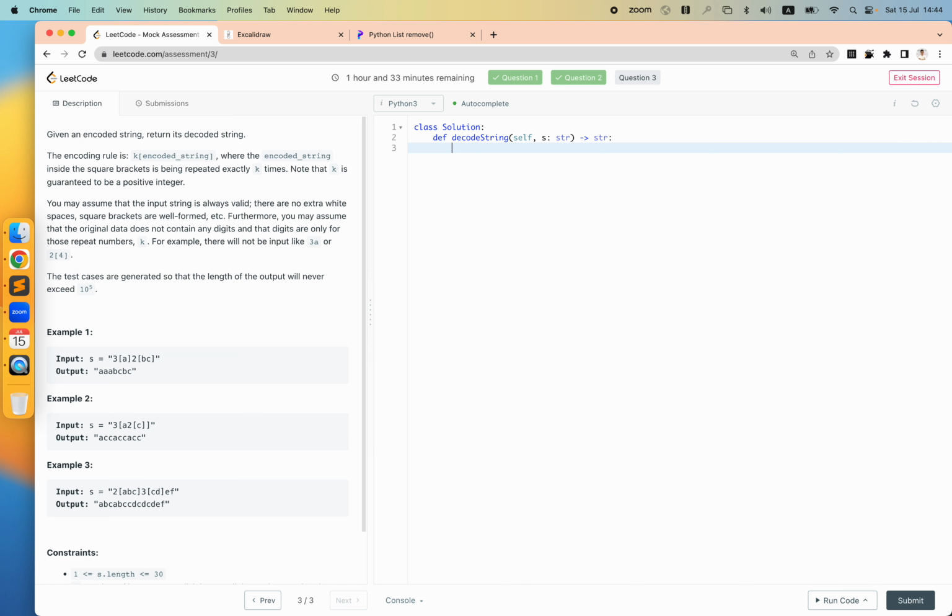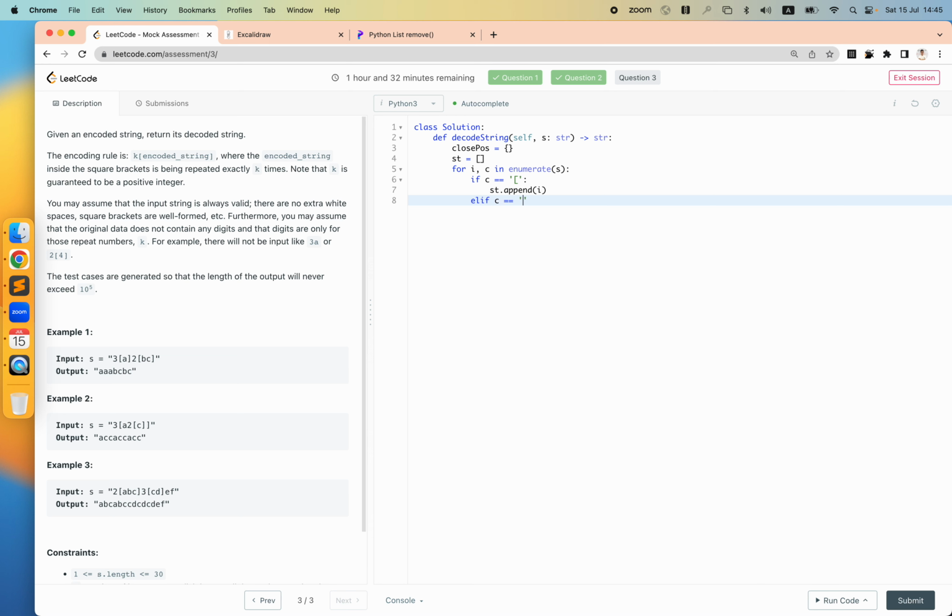So the matching flow: loop. If c equals the open bracket, I have a stack, dot append what I have here.